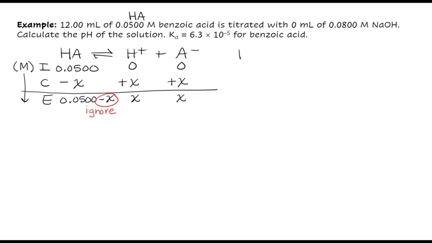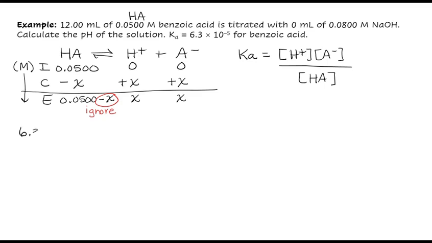We need to write our mass action expression, which is for Ka, since this is a weak acid equilibrium. So our Ka is written by taking the products, H+ times A-, divided by the reactants, which in this case is just the HA. And we'll plug in all of the values that we have and rearrange to solve for x. We have the value of Ka directly in the problem. We don't need to calculate it.